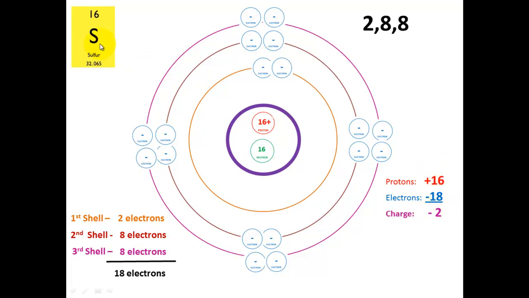So the sulfur atom is no longer an atom, it's now a sulfur ion. Remember the word ion, ion means a charged atom. So we put a little 2 up the top and a 2 minus to indicate it has an overall charge of -2, which means it's gained 2 electrons, each of which has a negative charge.